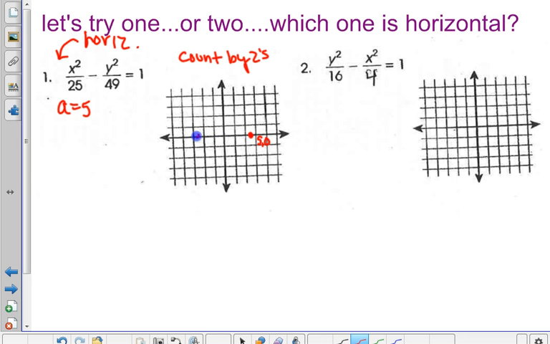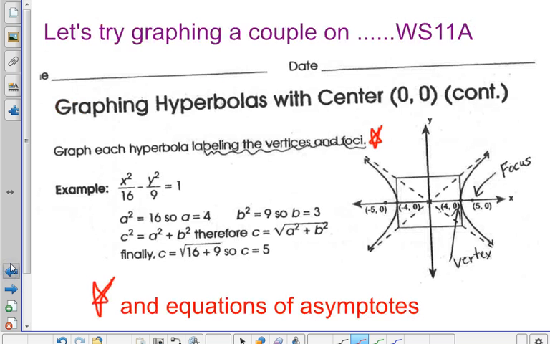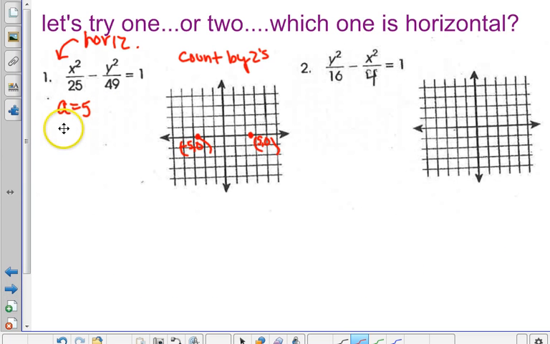Those are called what? Vertex. Okay, the vertices are at plus or minus 5, 0.